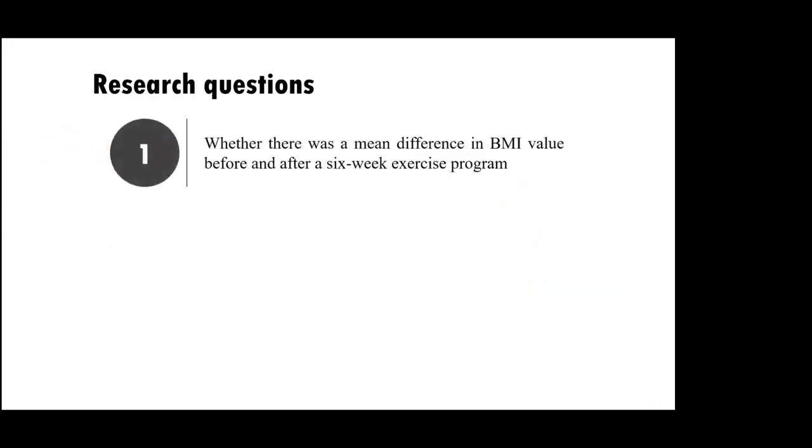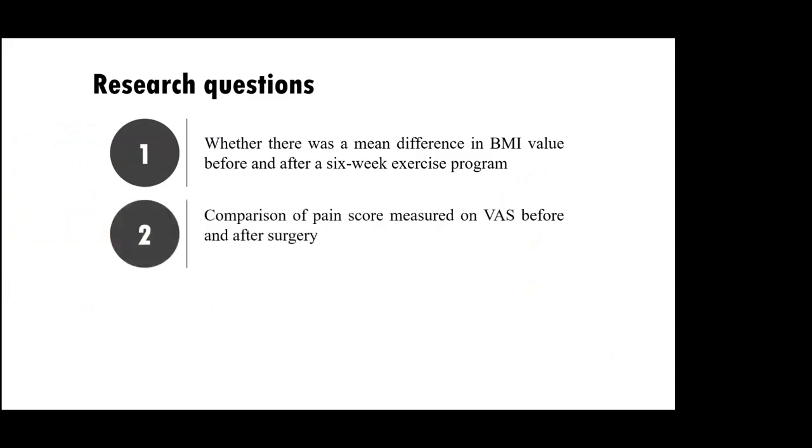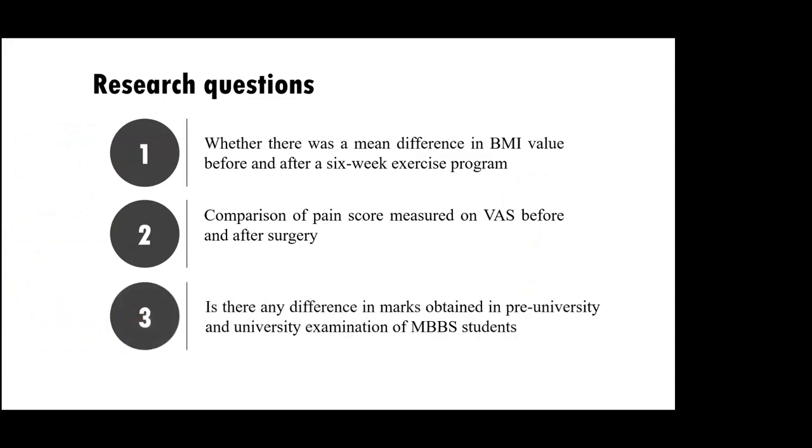So was there any mean difference in the BMI value before and after a 6 weeks exercise program? That could be one research question. The second research question could be, if you have to compare the pain score, which we have measured on the VAS scale before and after surgery, and then is there any difference in the marks obtained in the pre-university and university examination of the MBBS students?